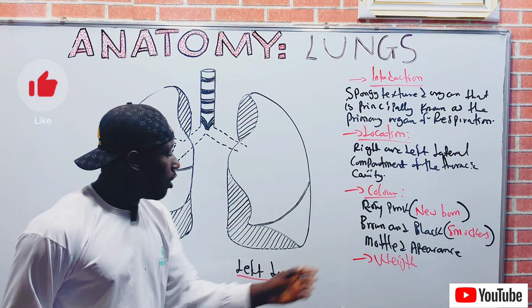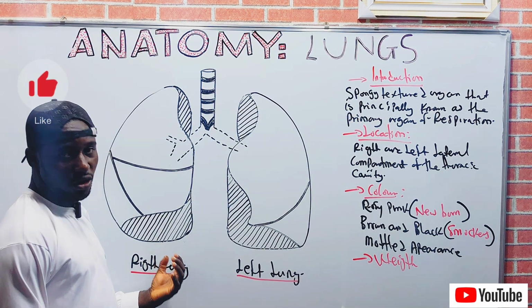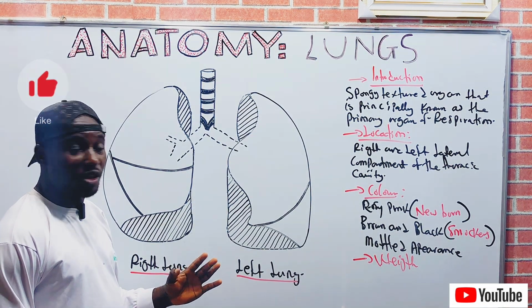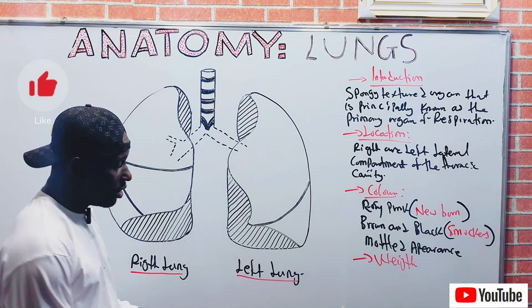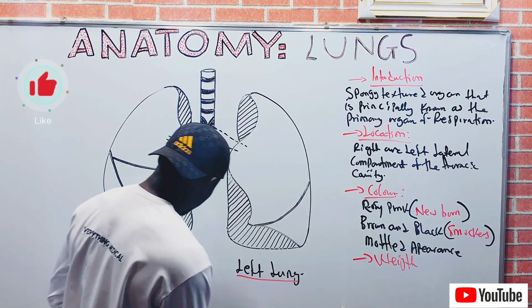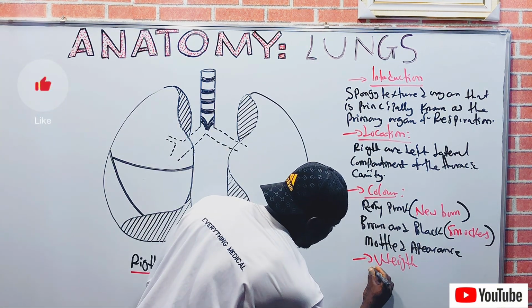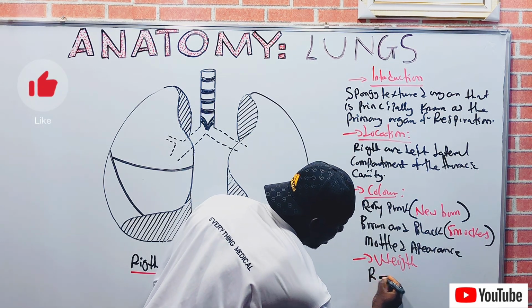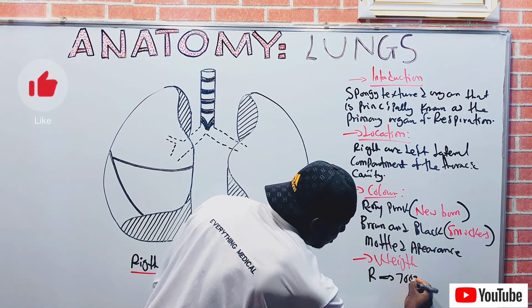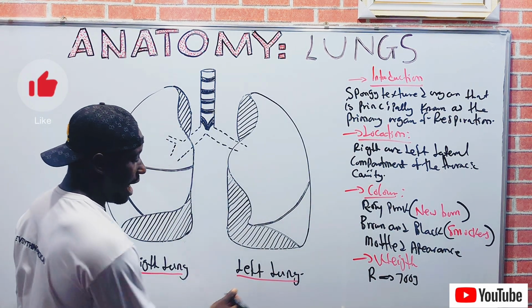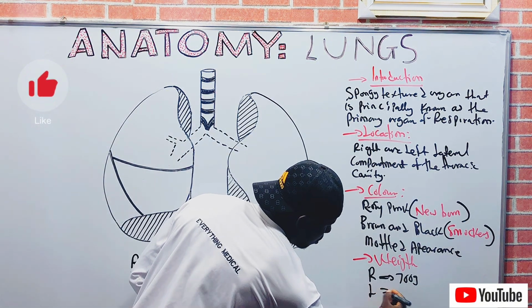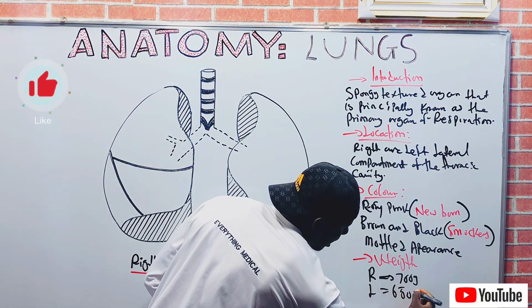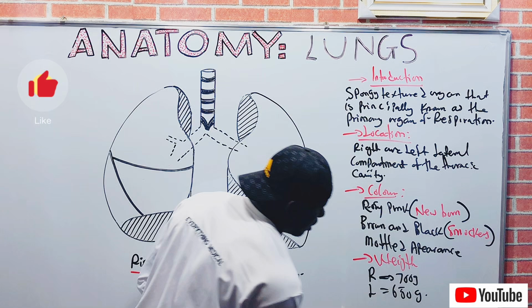Now, the weight of the right lung is quite different from the weight of the left lung. The right lung weighs 700 grams, while left lung weighs 650 grams.